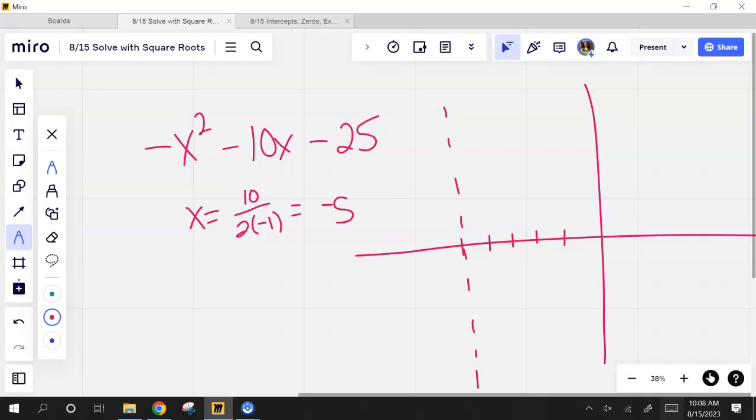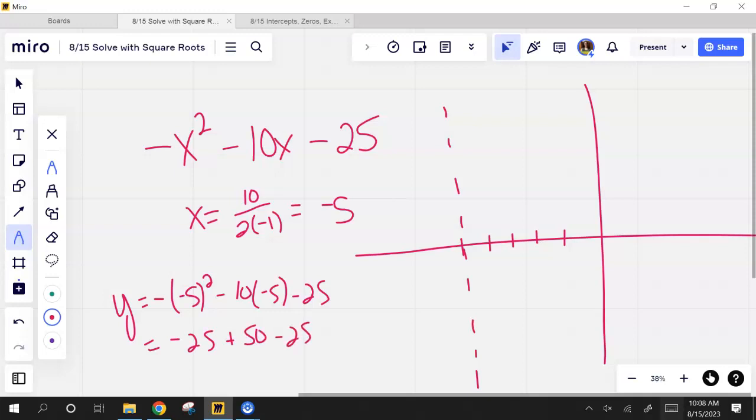All right. So now I'm going to plug that back in to find the y. Negative 25 plus 50 minus 2.